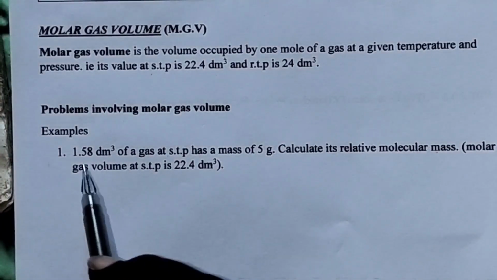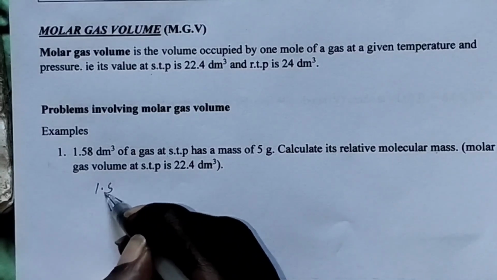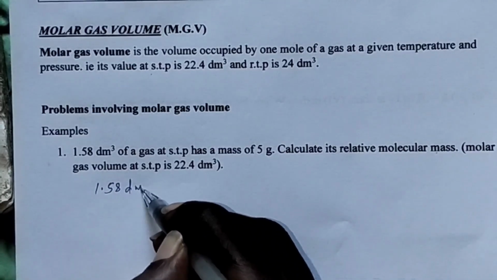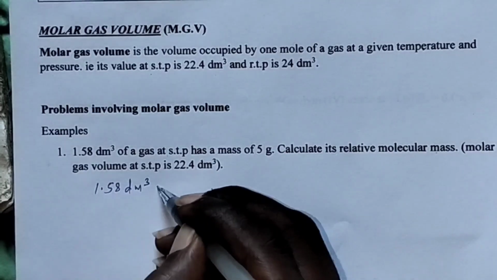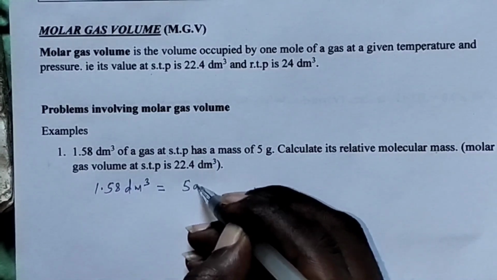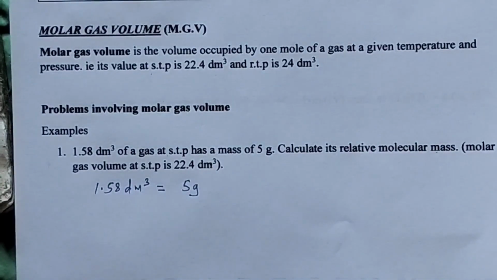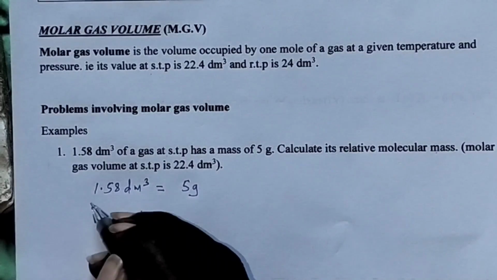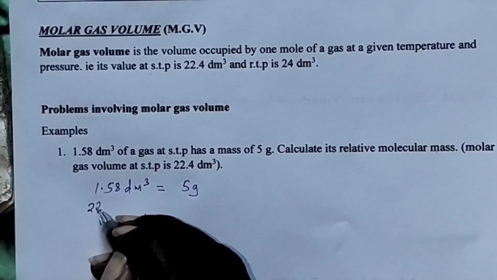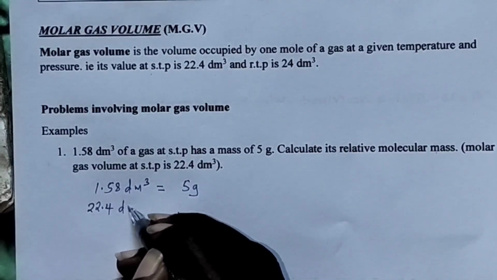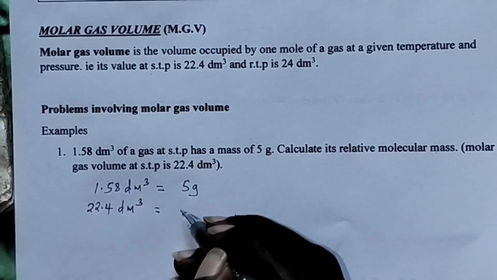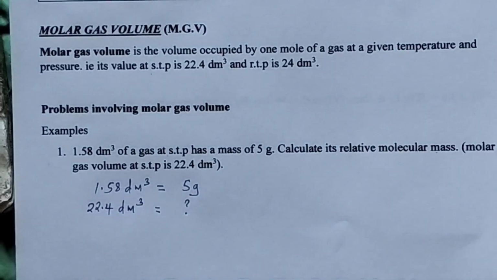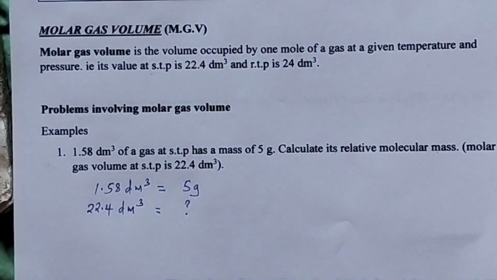So we are saying 1.58 decimeter cube of this gas has a mass of 5 grams. So when we have the molar gas volume, 22.4 decimeter cube, what will that give us? It will be the relative molecular mass of the gas.